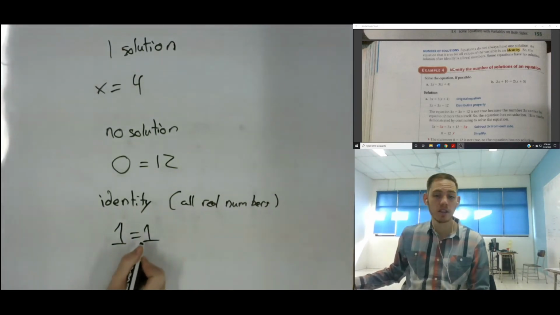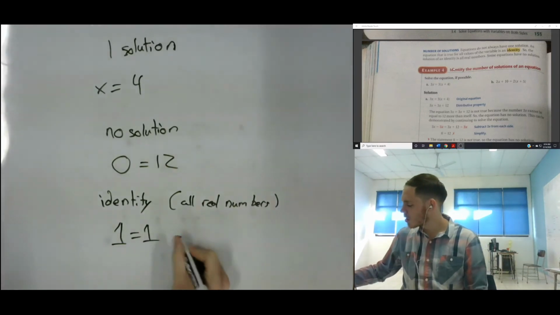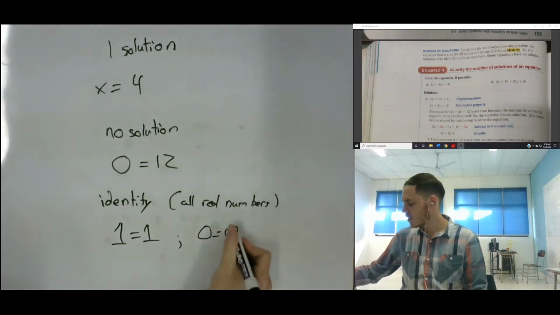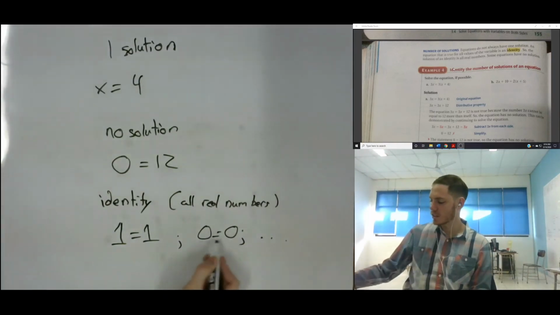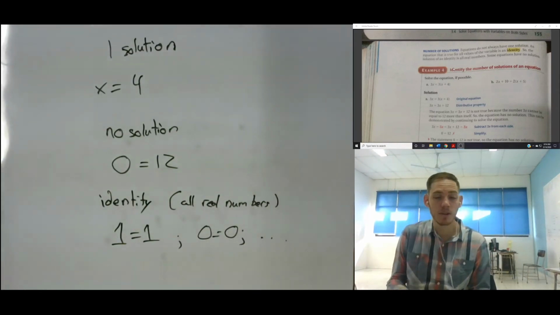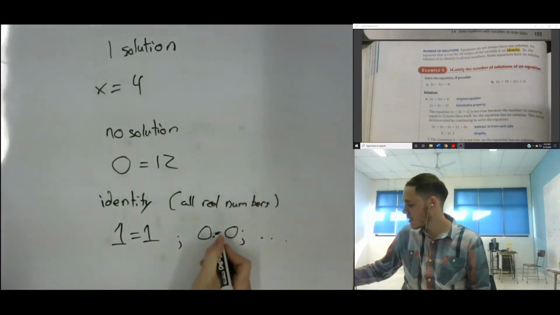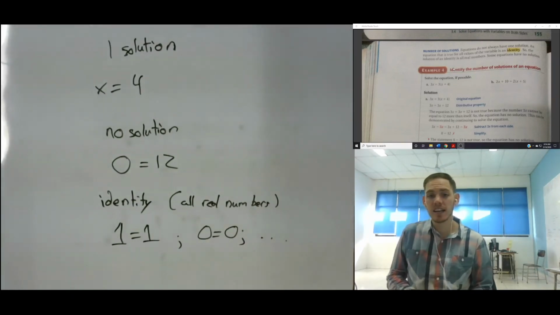So 1 equals 1, or 0 equals 0, or anyone where it's the same number equals the same number. Okay, that is the identity.